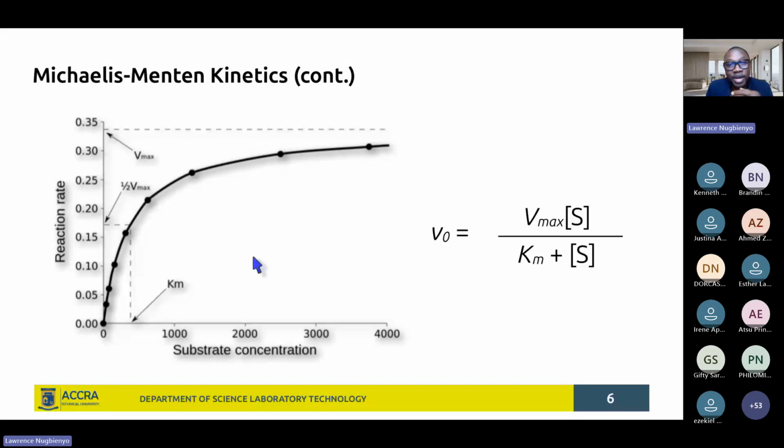Now, these days, because you have a computer that you can use to quickly plot these graphs, it is much more the reason why it is not advisable to go for the use of the Lineweaver-Burk plot, for instance, where you have to now be converting this graph into a linear graph and things like that. So we'll not go into those types of representations of the kinetics of enzymes.